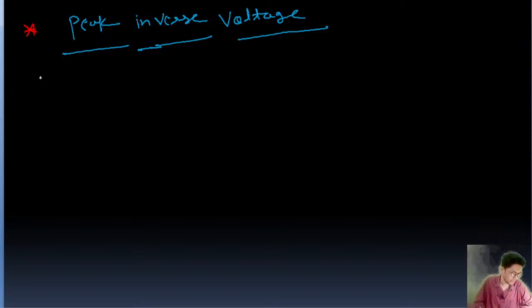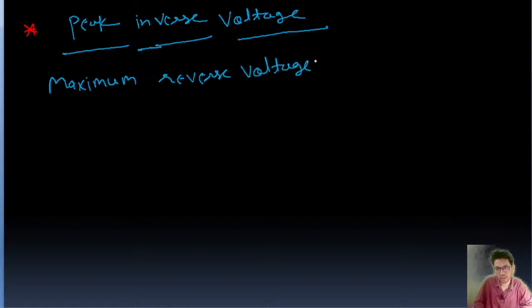I'm going to write it. Peak inverse voltage means maximum reverse voltage. Okay, so I'm talking about reverse voltage, the maximum reverse voltage a diode can withstand.